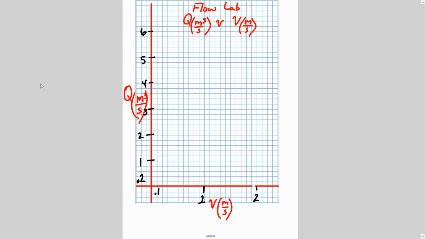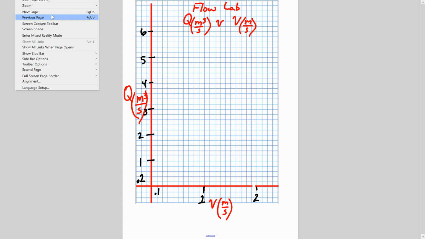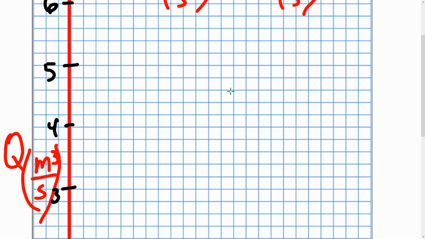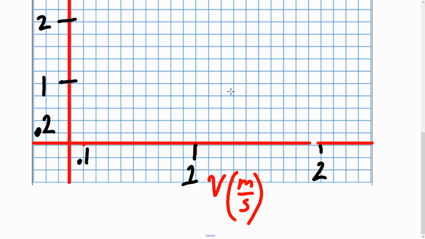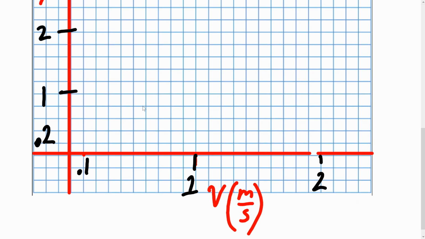So at point 3, I'm going to change my view a little bit here. Zoom, page width. I do that because I want you to be able to see what's going on. So we know that there's point 1, point 2.